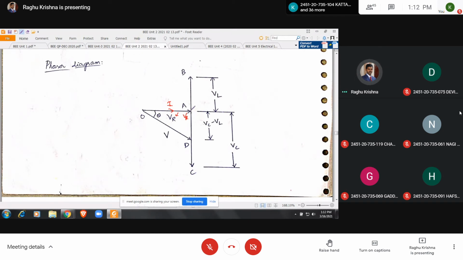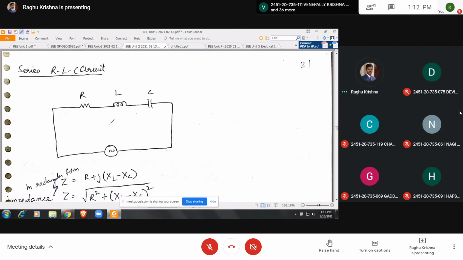And here we have VL. VL will lead the current. Here you have two voltages, VL and VC. Before this, let me show VL and VC separately, that is RL and RC. After showing RL and RC, I will come to this RLC.